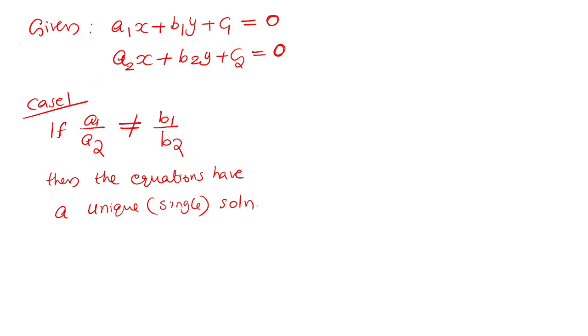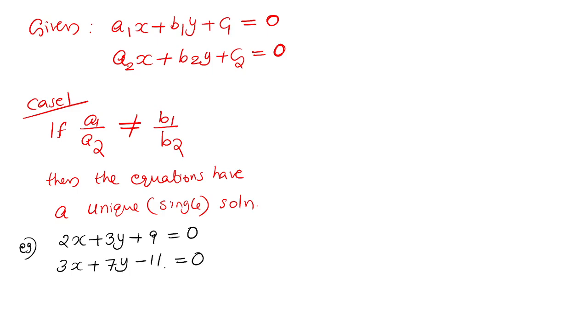For example, 2x plus 3y plus 9 equal to 0 and 3x plus 7y minus 11 equal to 0.